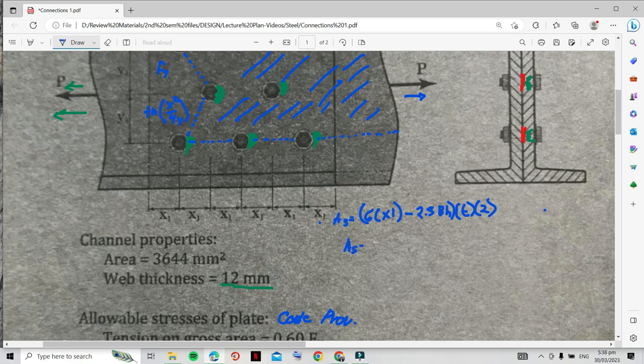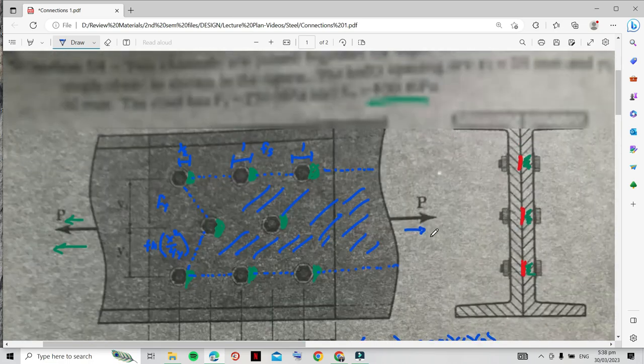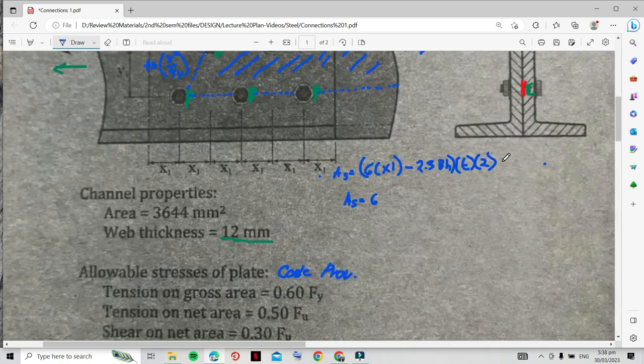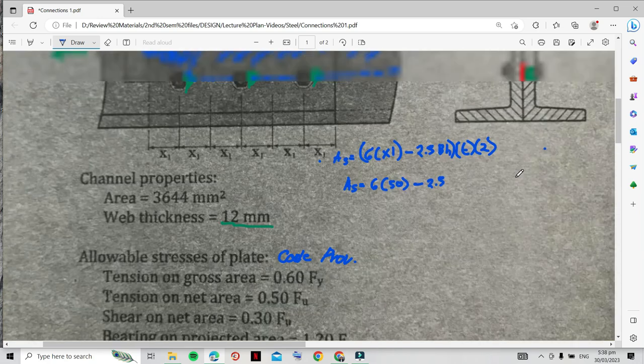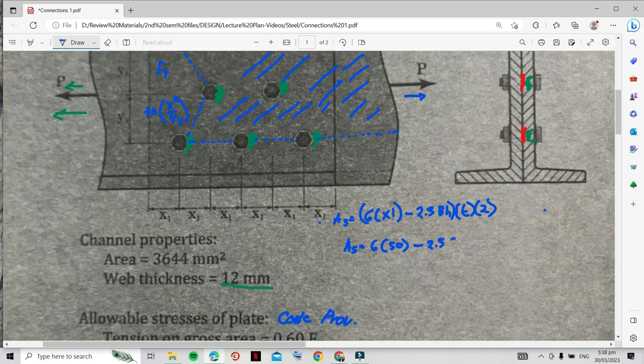Area shear is equal to 6 x1. x1 is 50, minus 2.5 bolt holes, where the hole diameter is 27. Okay, you multiply it by the thickness, which is 12, and then you multiply it by 2 because there are two planes that will shear, at the top and the bottom.